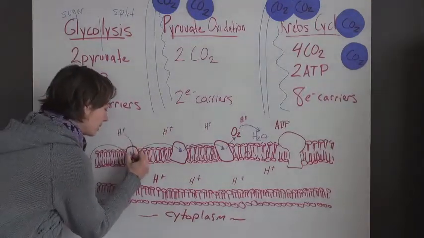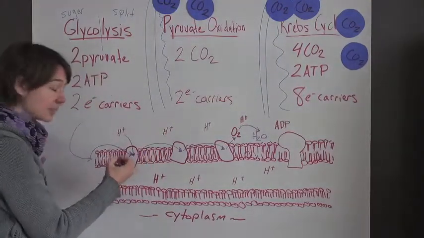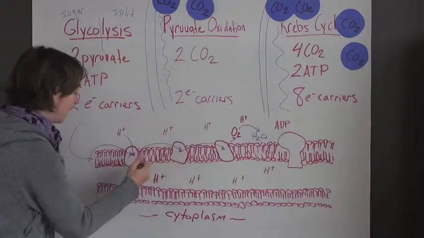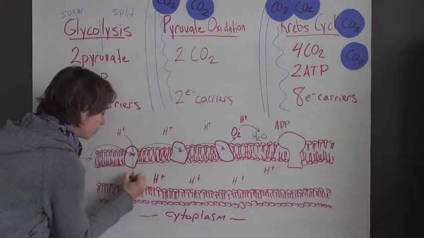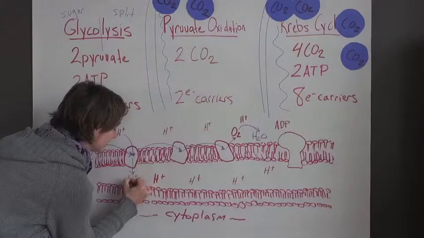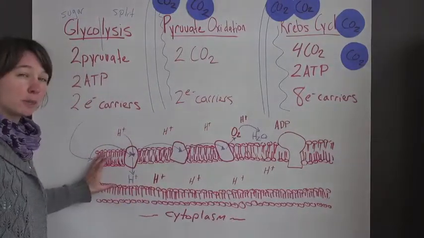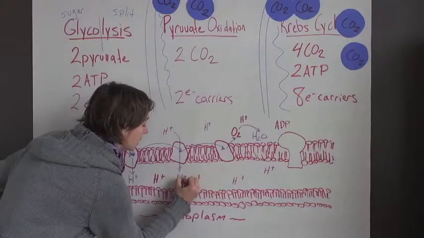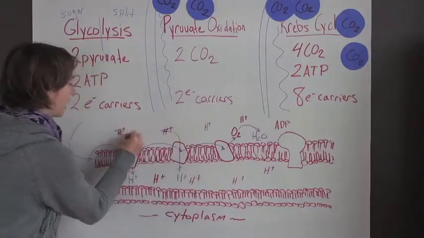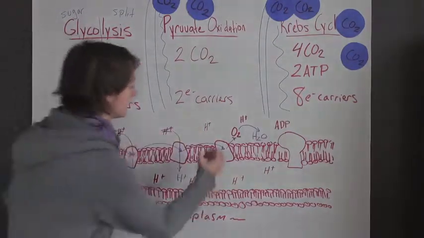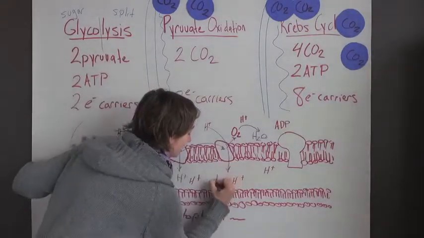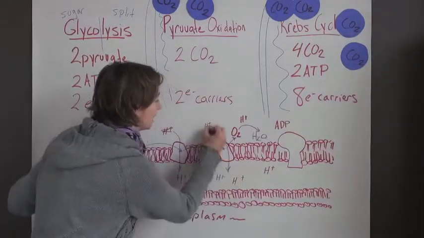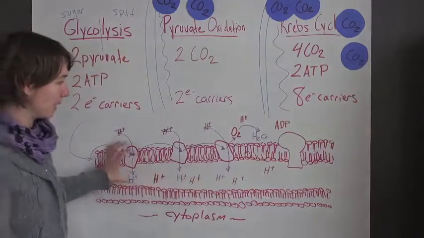So the hydrogens are going into that enzyme, but then when the electron is passed, the hydrogen is pushed into this little space between the two membranes of the mitochondria. So hydrogen is pumped out of the inside of the mitochondria and put into this space between the two membranes.